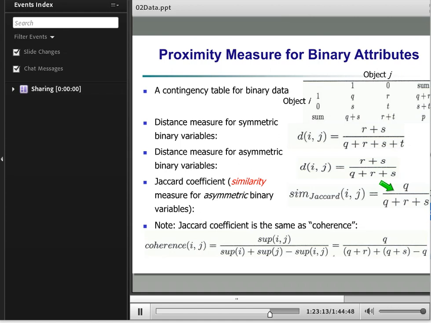This is similarity, not dissimilarity. In this case, you can see that similarity in Jaccard is Q divided by Q plus R plus S.